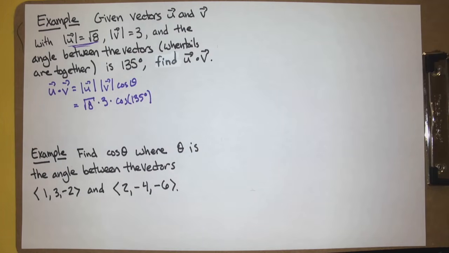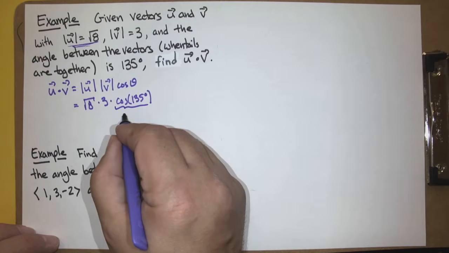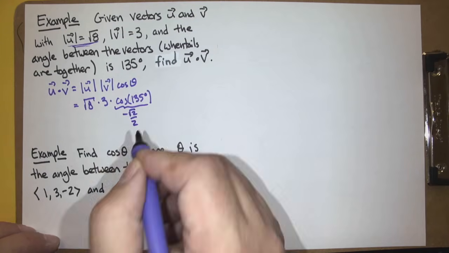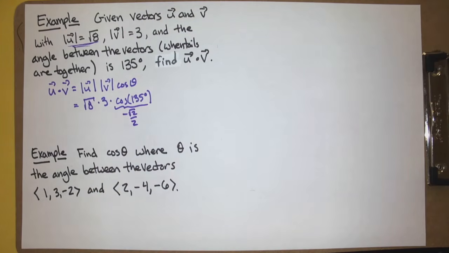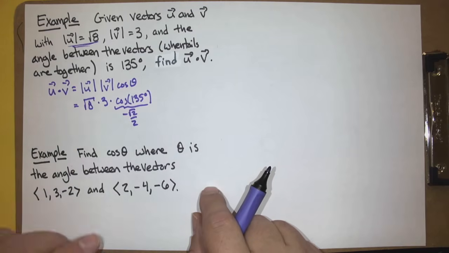All right, now, does anybody remember the cosine of 135? If it helps, it's a lot like cosine of 45, but it's negative. I'm impressed. You know your cosine 45. So it's the negative of cosine 45. All right, well, I have a square root of 8 times the square root of 2.